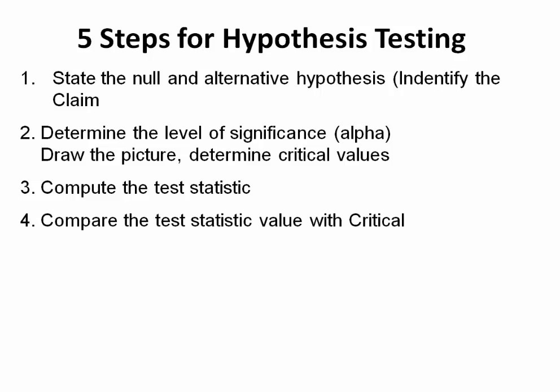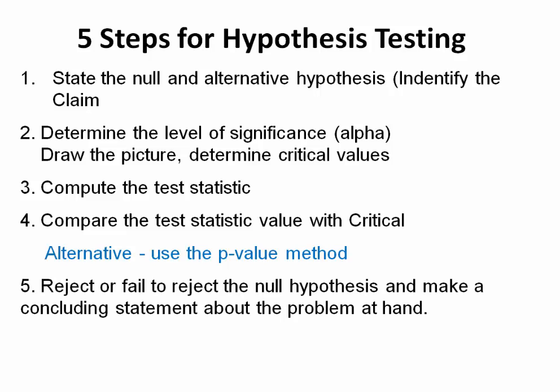Step 4, we're going to compare the test statistic value with the critical value. An alternative method that you're going to be introduced to is the p-value method. And with the p-value method, we are going to get the same results that we will get using the test statistic method. And finally, our step 5, we're either going to reject or fail to reject the null hypothesis.